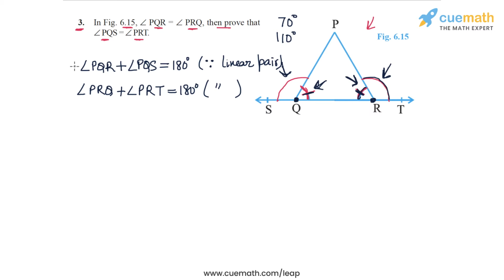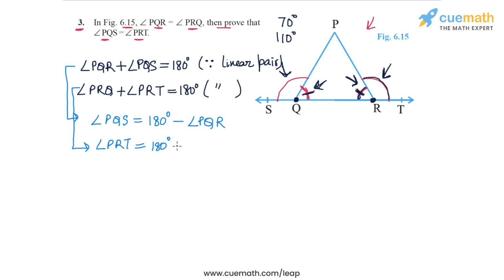Now from the first relation, we can write angle PQS as 180 degrees minus angle PQR, and from the second relation we can write angle PRT as 180 degrees minus angle PRQ.